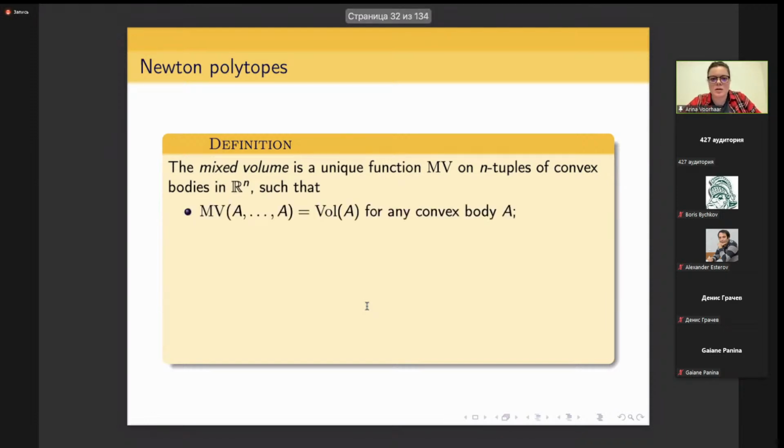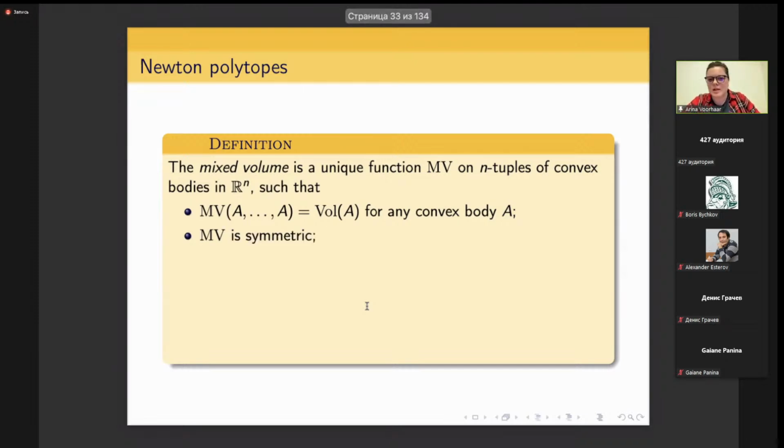First of all, if I plug in n times the same body A, then the value of the mixed volume is just the volume of A. Here, before any disasters happen, I should warn you that when I say volume in all slides that follow, I mean lattice volume, normalized in such a way that the volume of a unit simplex is equal to 1, unlike the usual volume where the unit cube has volume 1. So you will have to multiply all the volumes by n factorial.